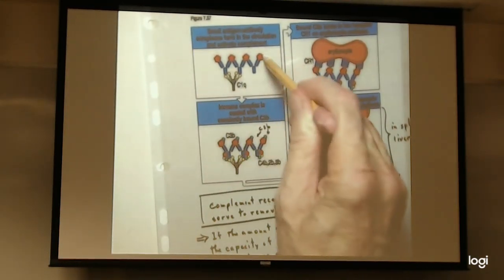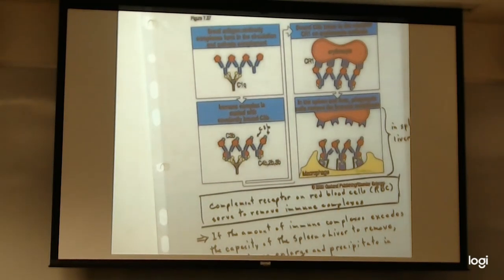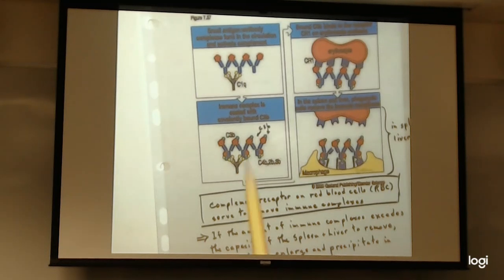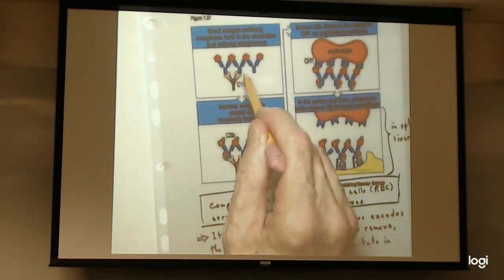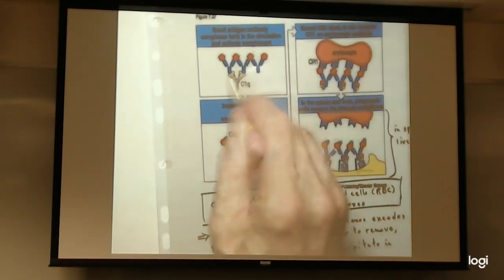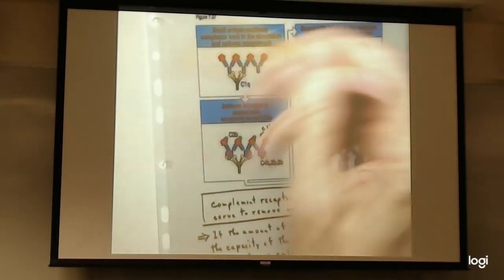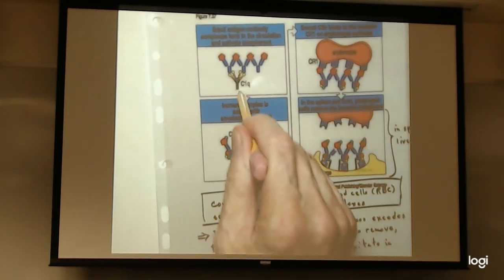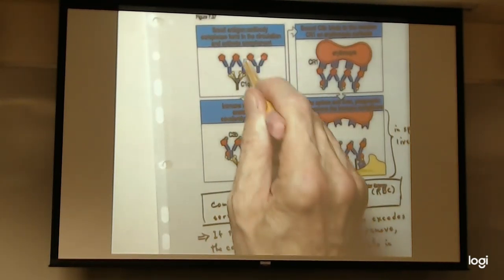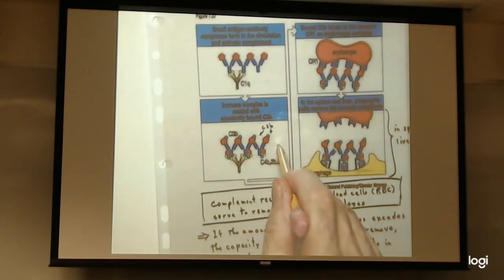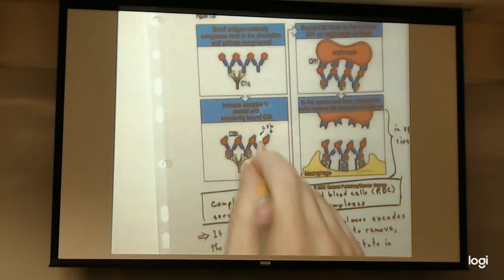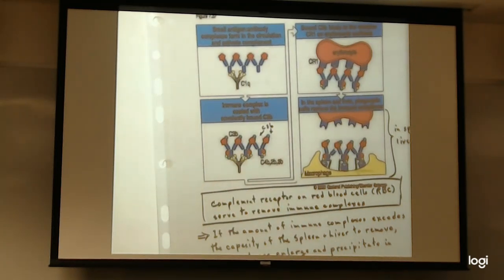If you have the right ratio of antigen to antibody in solution, you can get one arm of the antibody binding one antigen, the next arm of the antibody binding a second antigen, and so we get polymeric antigen-antibody complexes like this form. C1q can bind to these and activate complement, so now we get complement tagging of these immune complexes. We need to get rid of these immune complexes when they form in the blood, because when they come into the kidneys, they can clog up the filtering apparatus of the kidney.